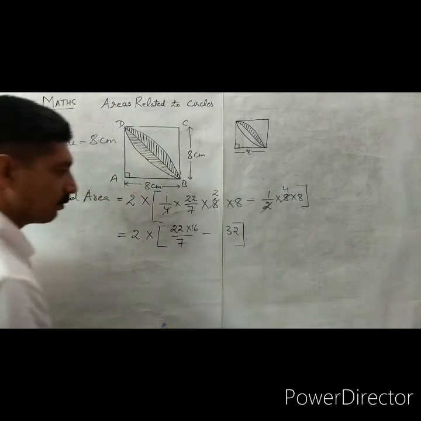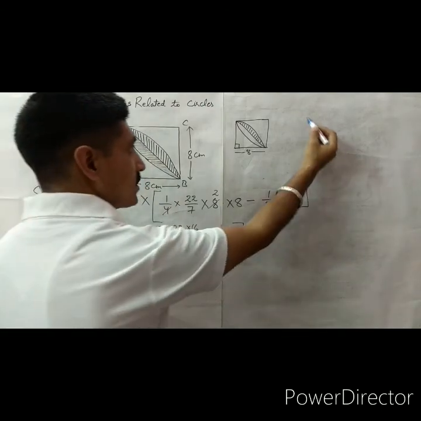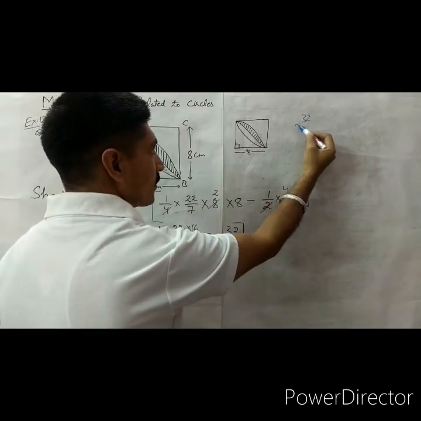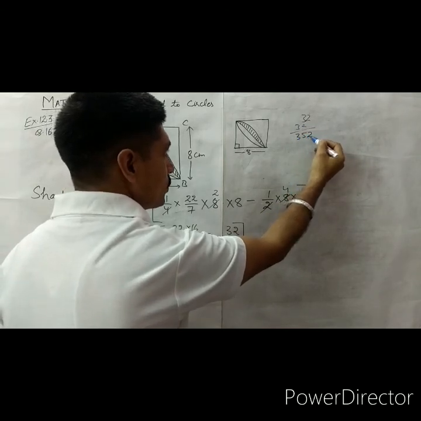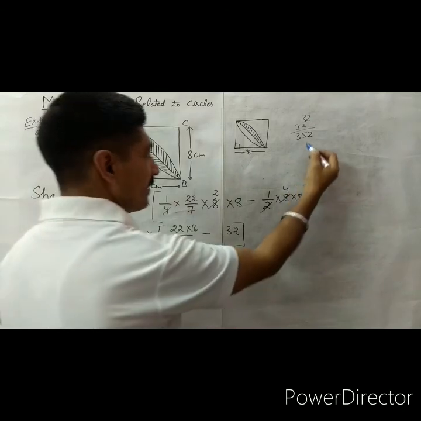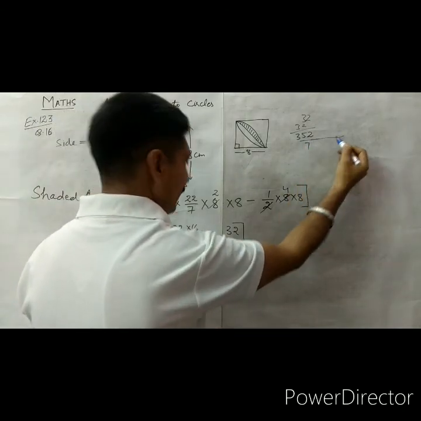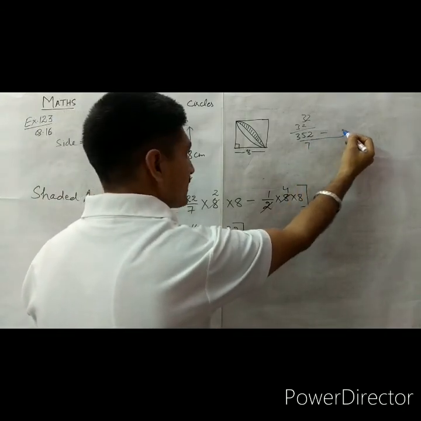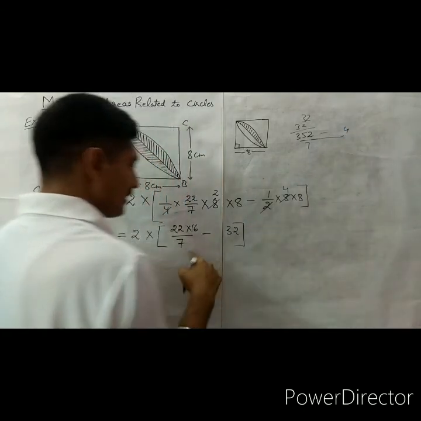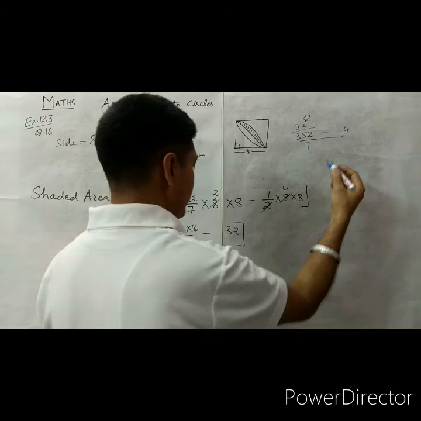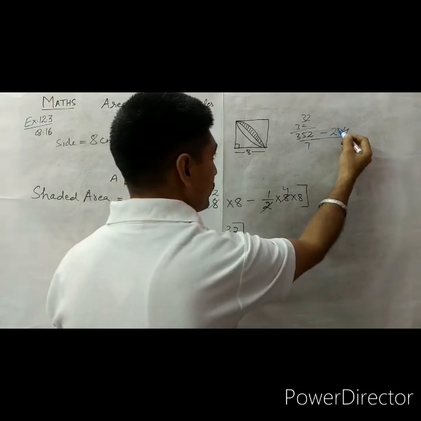So if we complete the calculation here, 16 twos are 32. So here it is 352 upon 7. When we go for LCM here, 7 twos are 14, 7 threes are 21 plus 22.